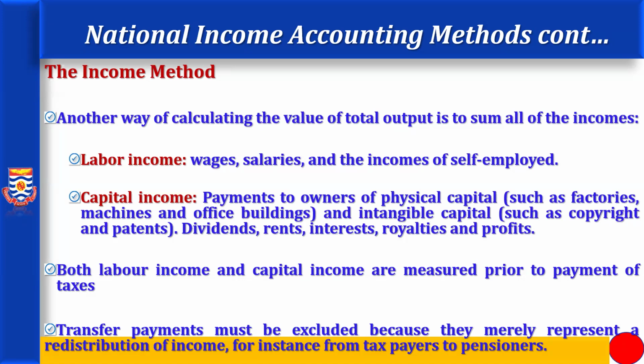So the people that produce the goods and services, we have to pay them labor income, like wages, salaries, and incomes of self-employed people.